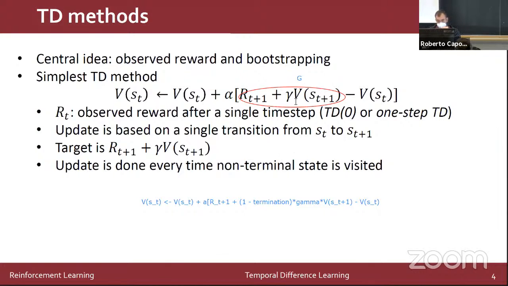How is this different from this formula? I'm just making explicit the fact that 1 minus termination has to be used, meaning that if the termination is true, this becomes 0. So all this part here is not considered. Okay, let's move on.